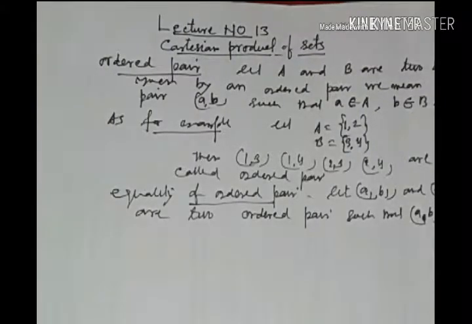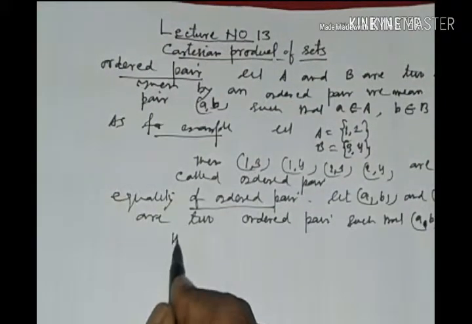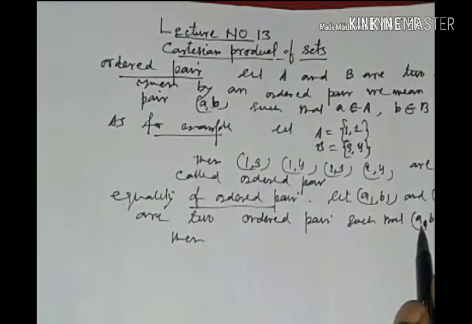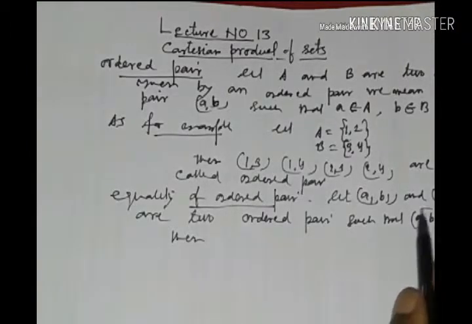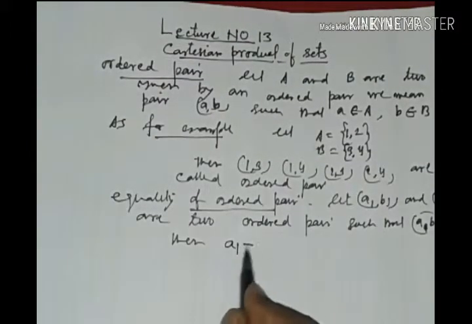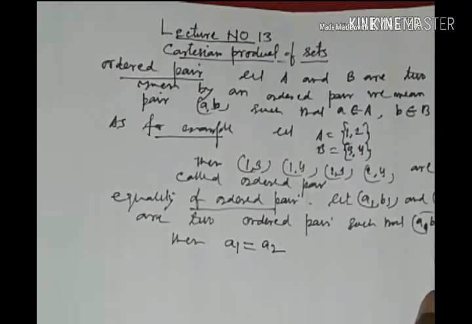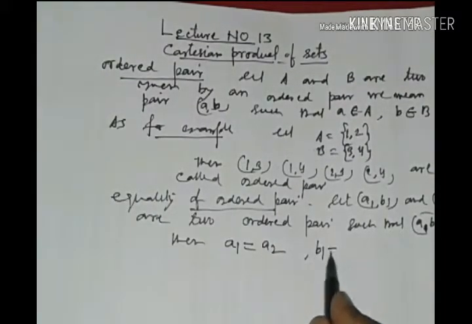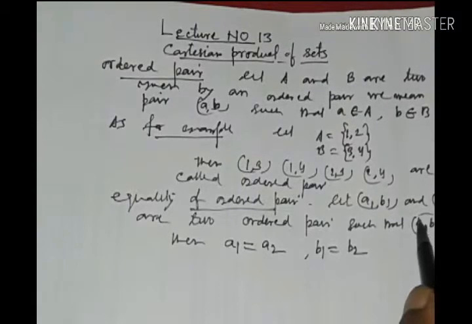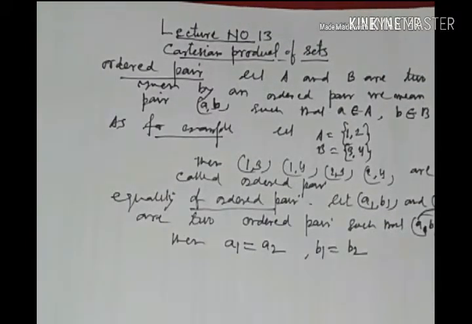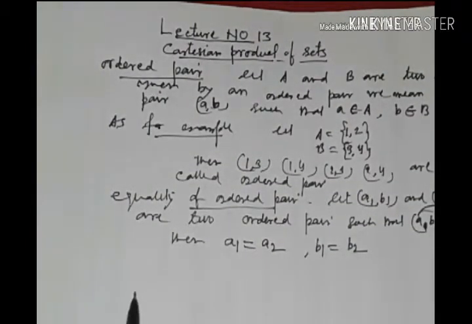Then the first component of this ordered pair will be equal to the first component of the other: a1 equal to a2, and the second component b1 equal to b2. That is, this is equal to this and this is equal to this.